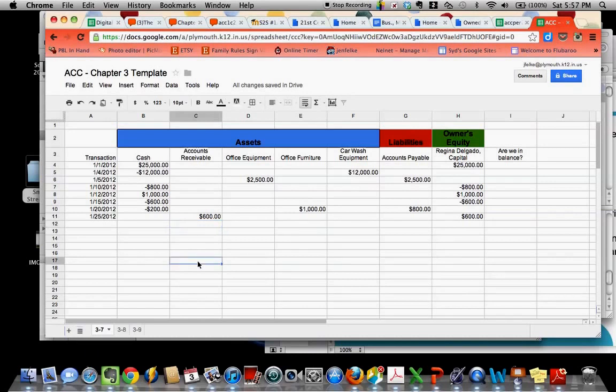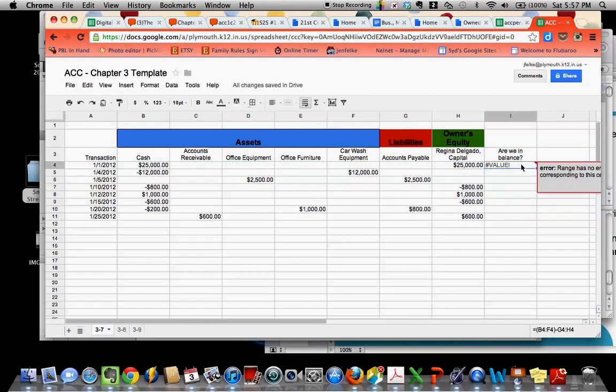So let's take a look and see where our balances are. We're going to do this one of two ways. Are we in balance going across for each transaction? So you're going to put an equal sign, and we're going to add all these accounts, assets, and then we're going to subtract the opposite side, liabilities and owner's equity.